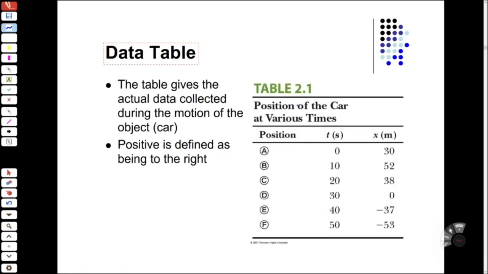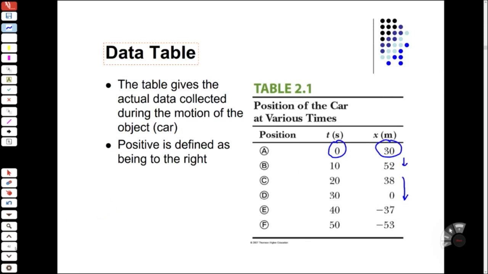Or you can just give a table for the position of the car at various times. At time 0, the initial time, the position was 30 meters, and it was moving, and then the position begins to decrease like this.